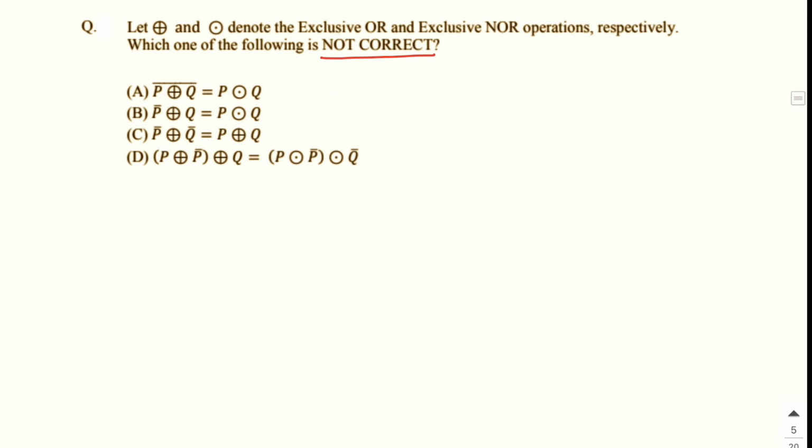So let us start with the first option, that is A, which is (P XOR Q) whole bar is equal to P XNOR Q. Now in this case you really don't need to think much about it, because we know that if we invert XOR, it is going to give you the XNOR.